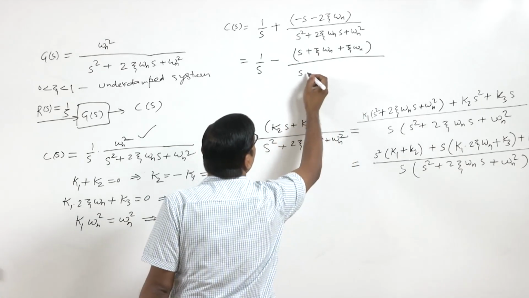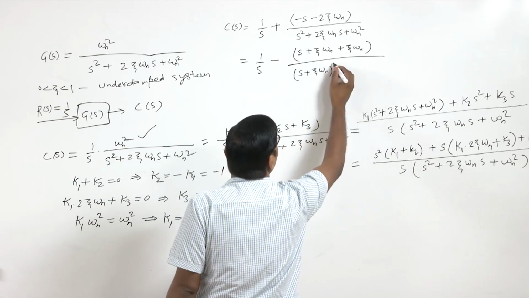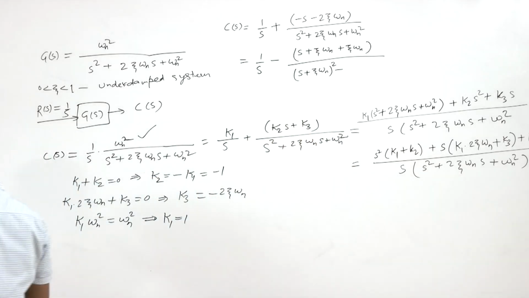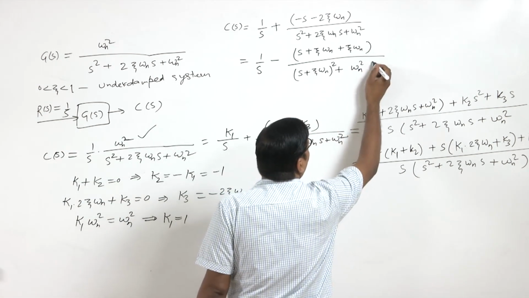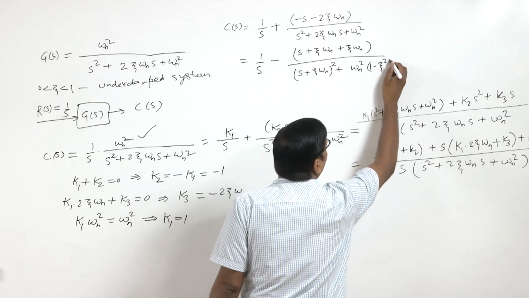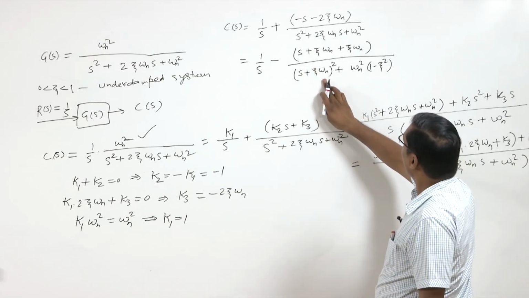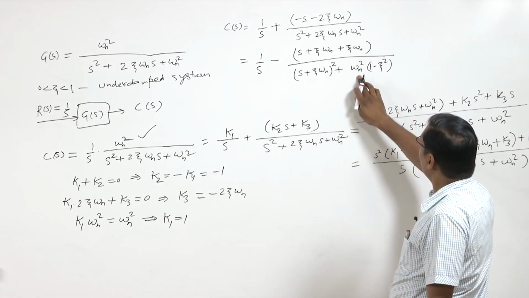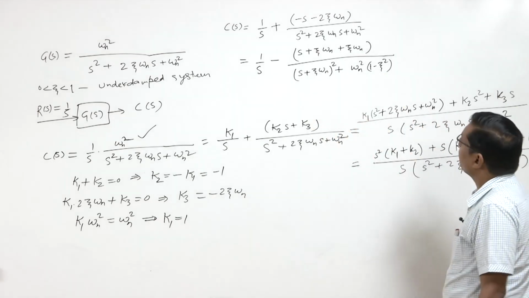The denominator we can write as s plus zeta omega n whole square plus omega n square 1 minus zeta square. Here s square plus 2 zeta omega n s, and this is omega n square, so minus omega n square zeta square, so this will be cancelled out.